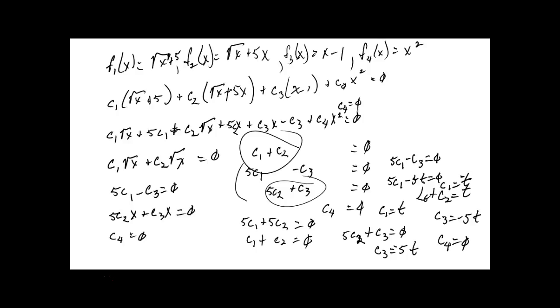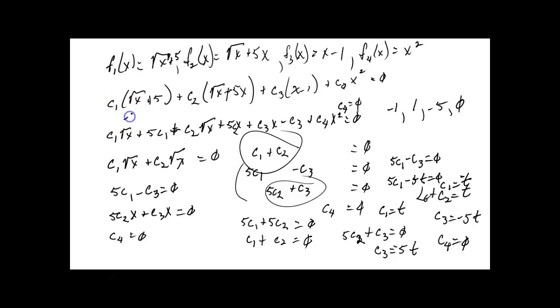I'm not going to use 0 because 0, 0, 0, you know, will work. So let's do t equal 1, so you'd have a minus 1, 1, negative 5, and 0. Okay? Let's see if that works.